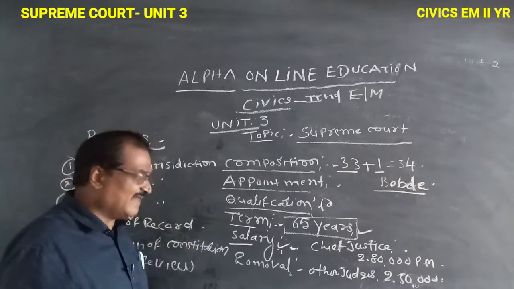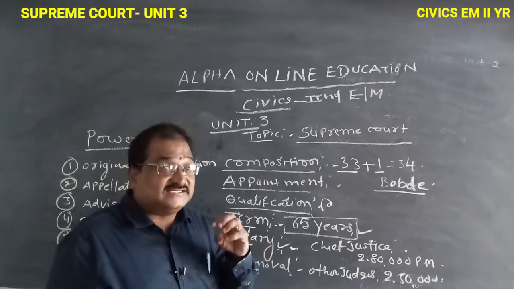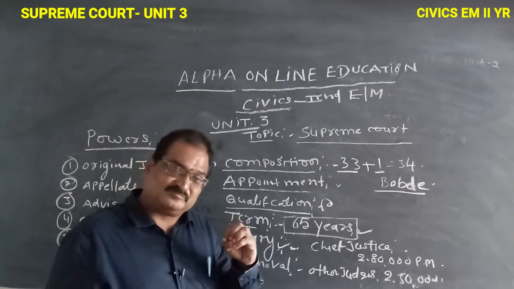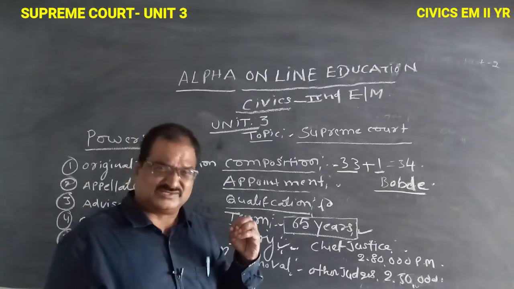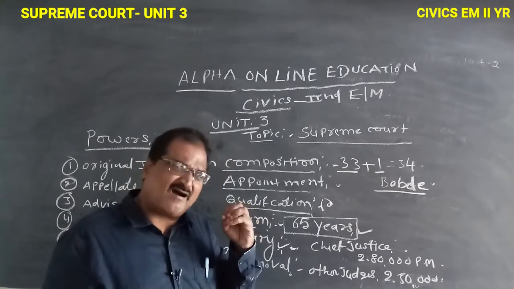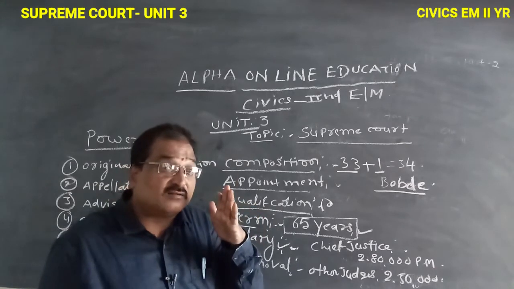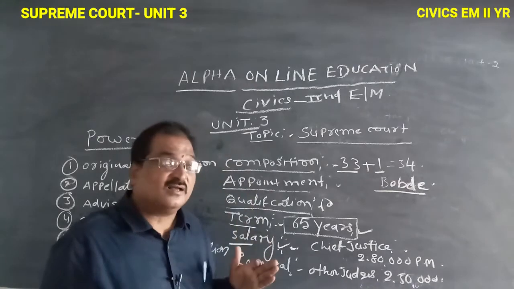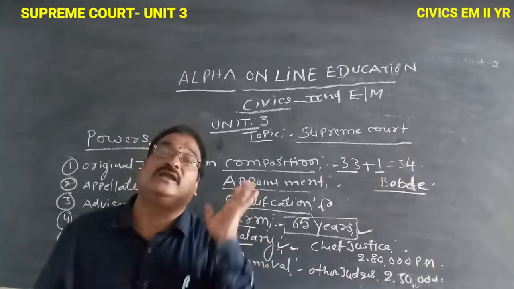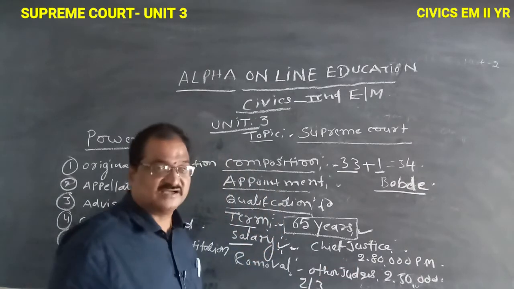And then the removal. The judges are all very experienced persons, and they have more knowledge in their field. If they are involved in corruption during their job, the Indian Parliament removes them by a 2/3 majority.